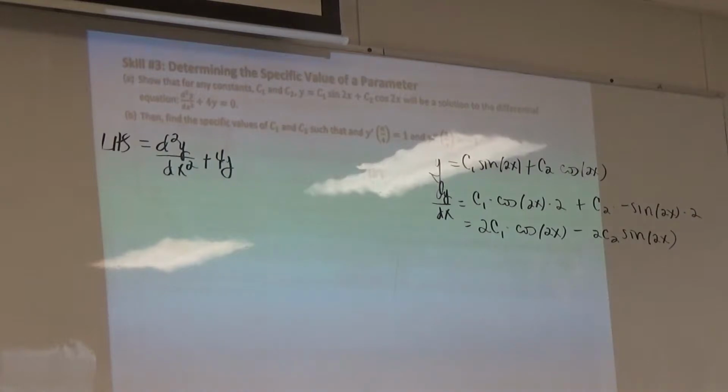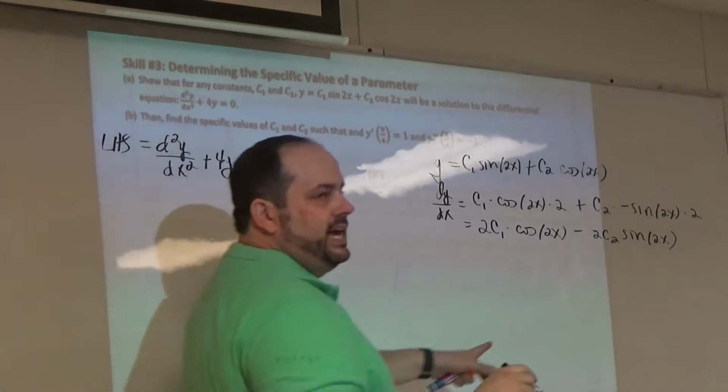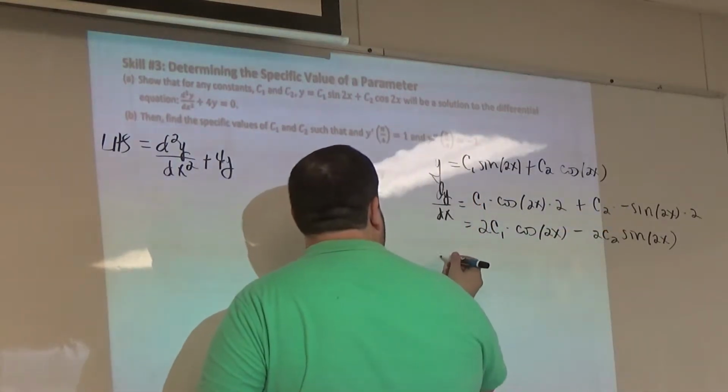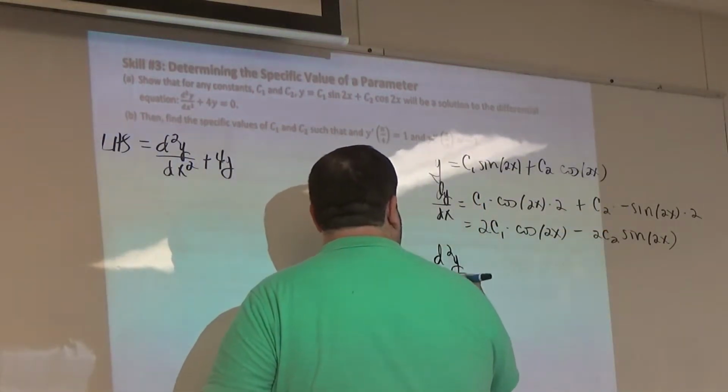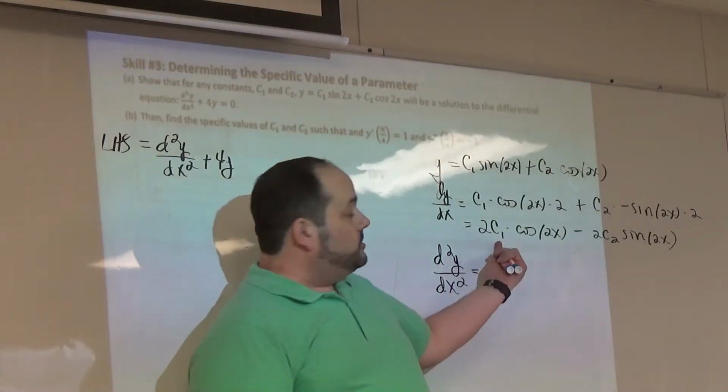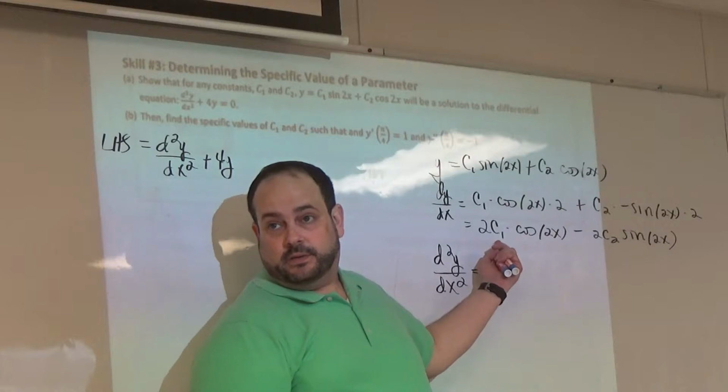Okay, just a quick show of honest hands here. How many guys have that as your first derivative? 2 times c1 times cosine 2x minus 2c2 sine 2x. Okay. So now I need the second derivative. I need d squared y dx squared. So take the derivative again. 2 and c1 are both constants.